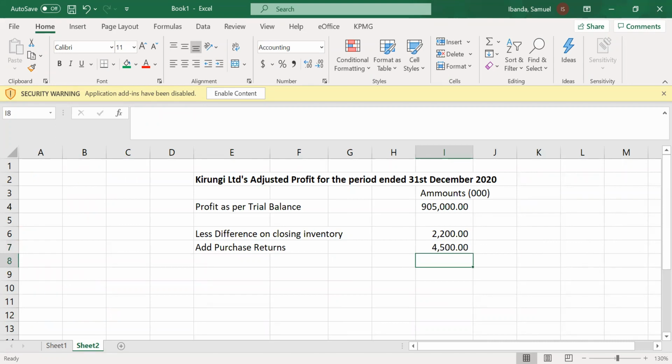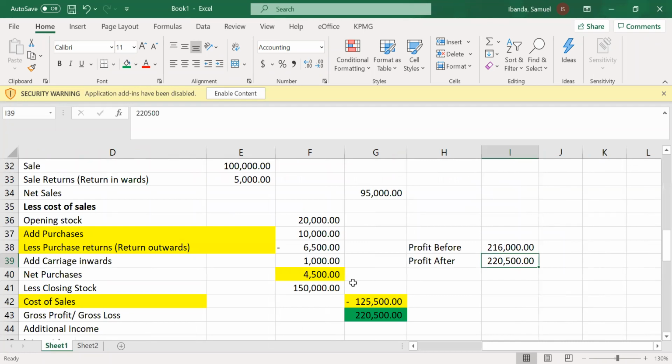Let me just try to hear from one or two people if the explanation makes sense. From those that are following this live session, does this make sense to you? These two items, inventory and purchase returns, as we adjust, does it make sense to you? You can just say I understand, or I don't understand. Just be honest.